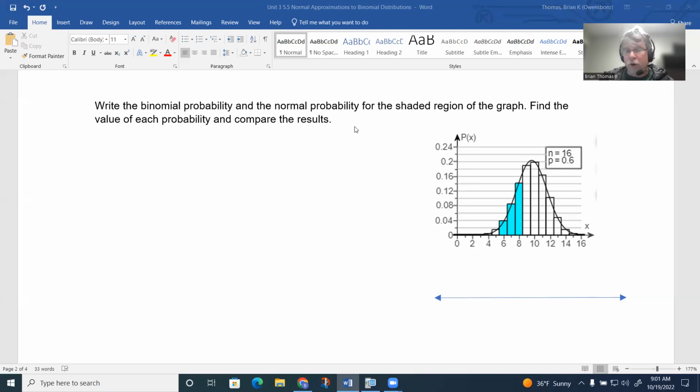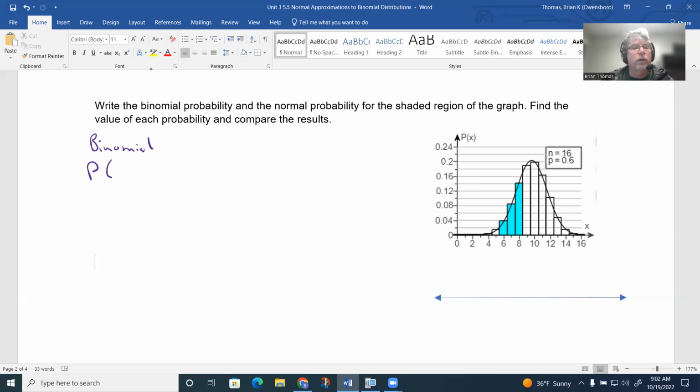So starting out with the binomial probability, remember, the binomial probability is discrete, which means you actually have to count the items. So it's what we describe as that histogram. You're going to be looking at the probability of the 6, 7, and 8.